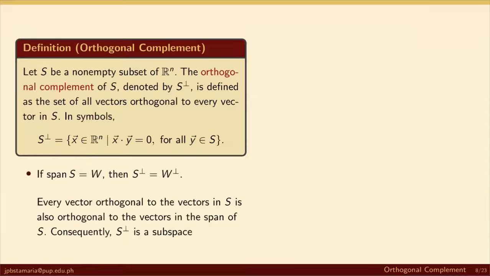You can check that S perp is a subspace all the time. Definitely, if S is in the first place a subspace, then its orthogonal complement is also going to be a subspace.